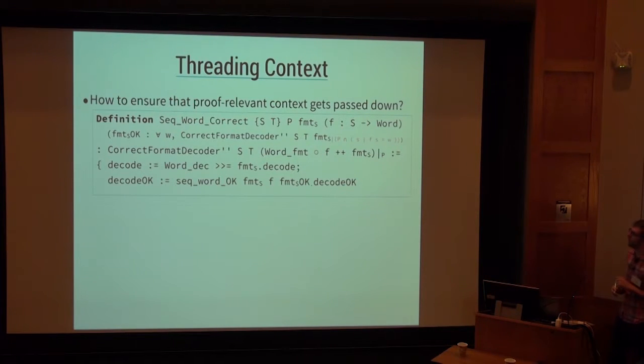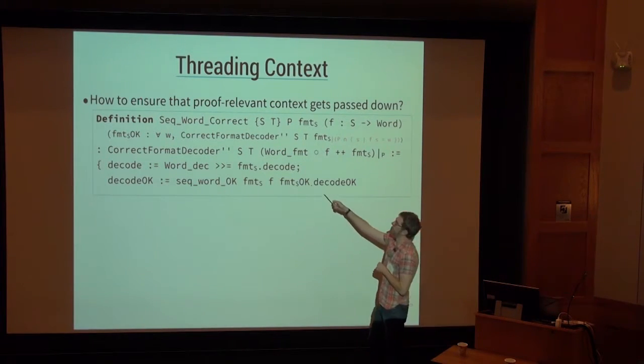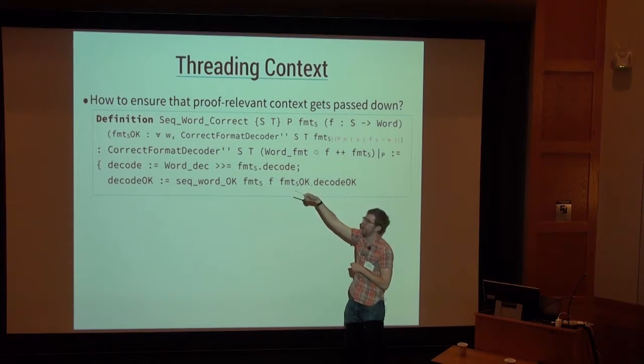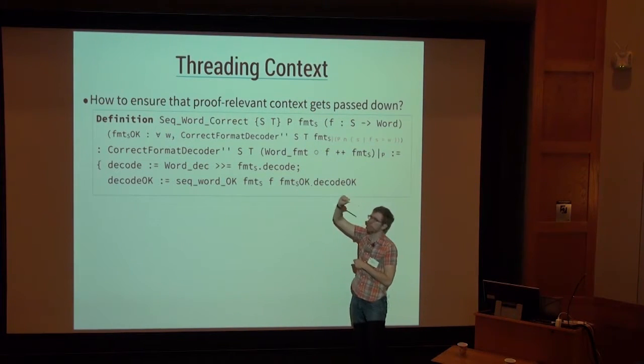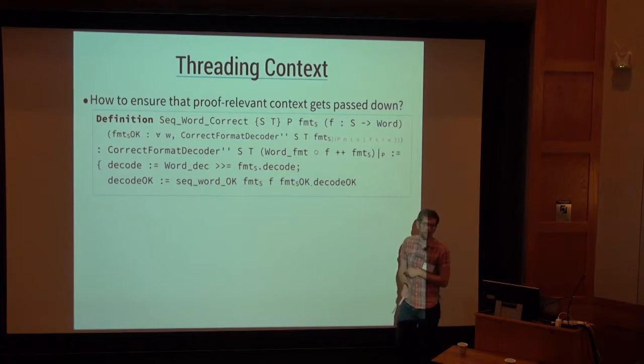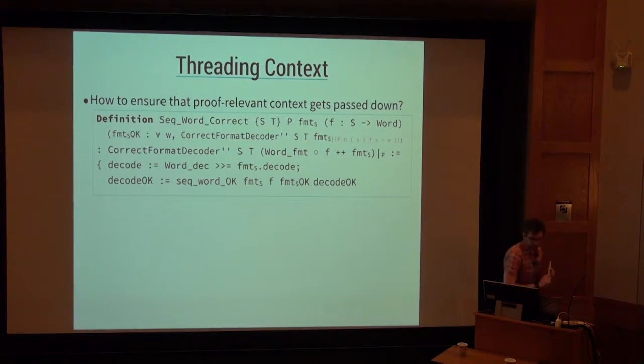We're going to embed this in the combinator for sequence. And here I'm going to specialize sequence. This is going to be particularly the case where I'm formatting a word of some projection of the source data type, and then following it with some other format, just for ease of presentation. We'll generalize this lemma in a little bit.